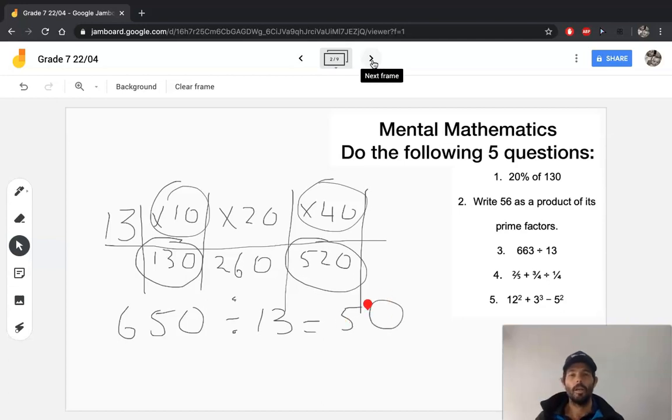And if I go the other way, 50 multiplied by 13 gives me 650. So now I should be able to recognize that until 663, I need an additional group of 13. So therefore, my answer is going to be 51. There's that additional group of 13.